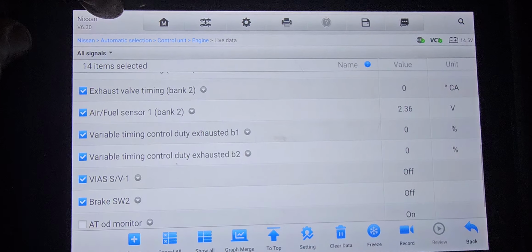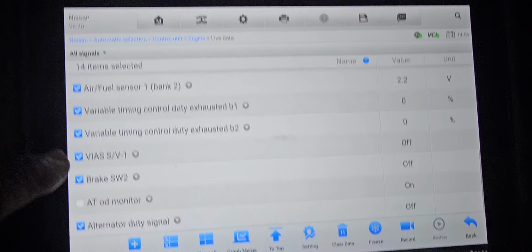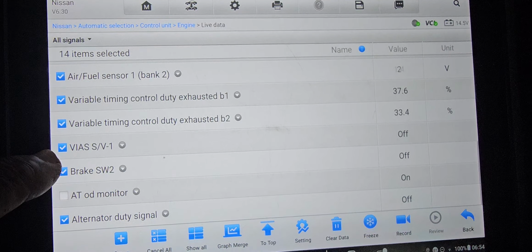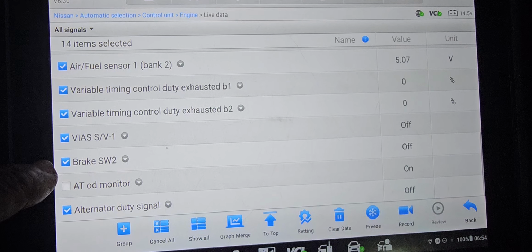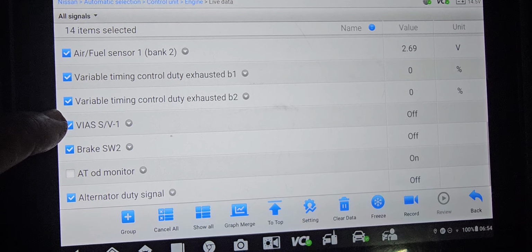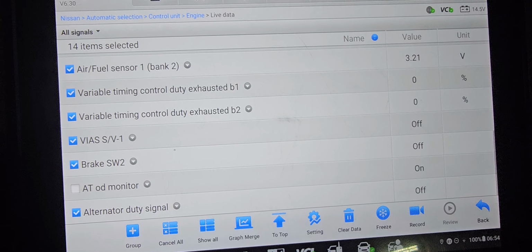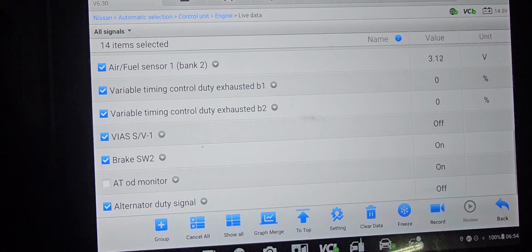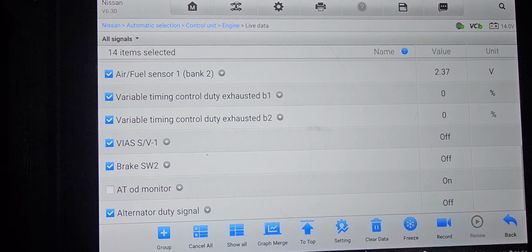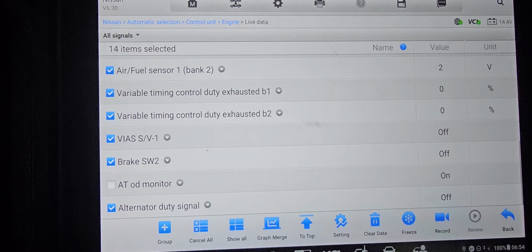Do you have anything else to read? This one, VIS. Brake switch, I don't know why it's coming here. Alternator duty, I don't see anything off. Let me start it again to see. Alternator duty, I don't see it.